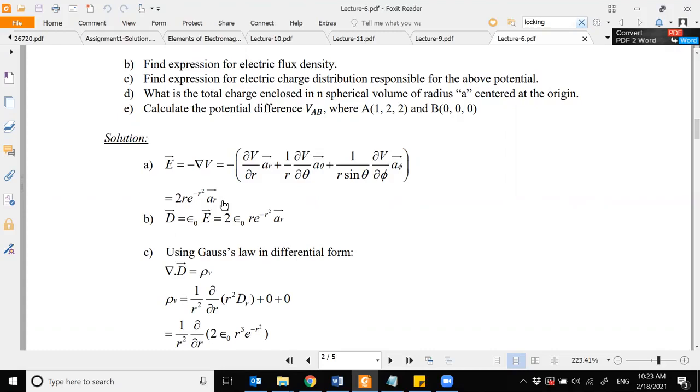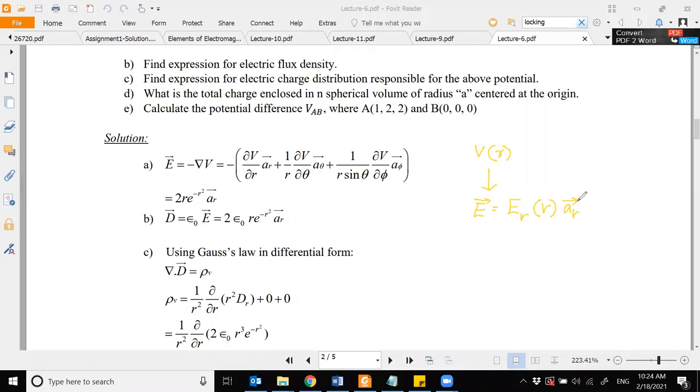So in this case, what I'm trying to say is that if V is a function of R, then the electric field E will have only an ER component, which will be a function of R, and it will be in the AR direction.